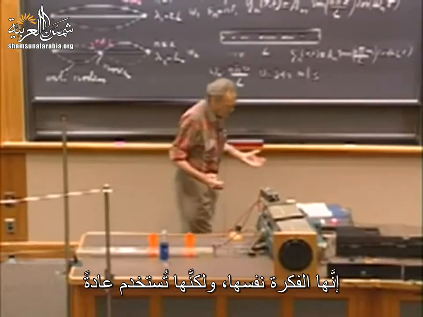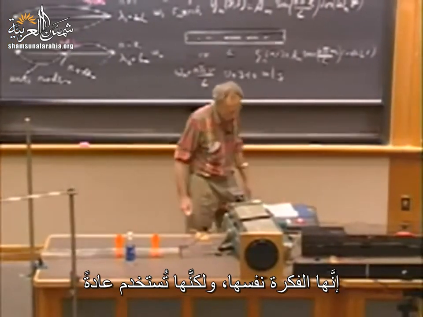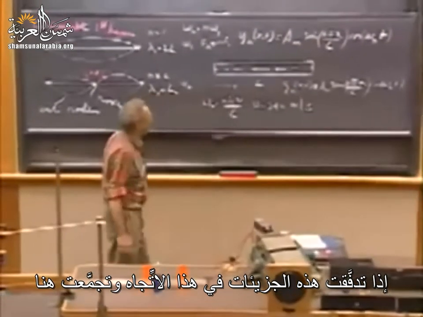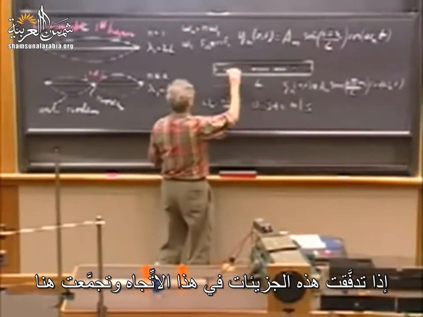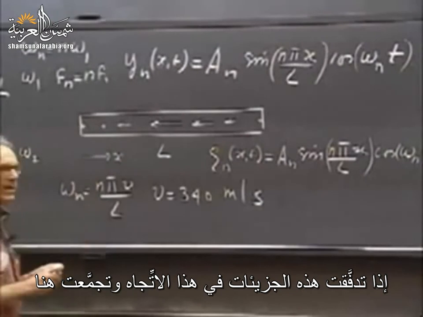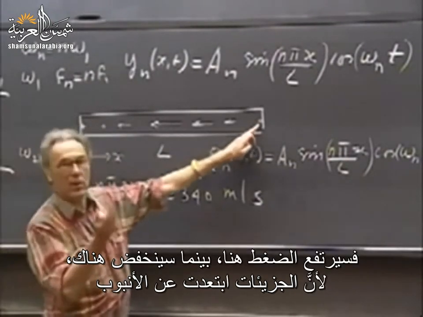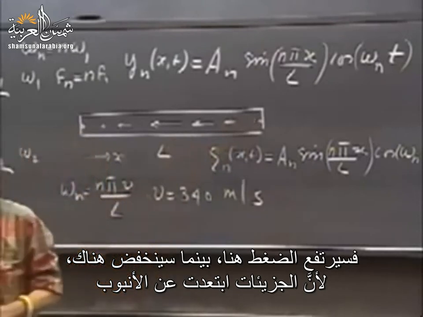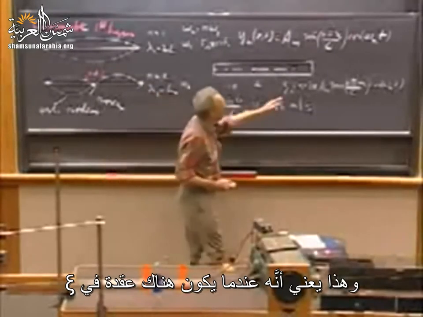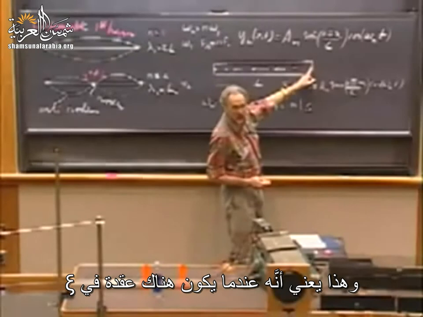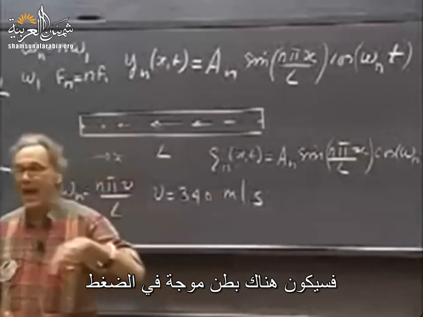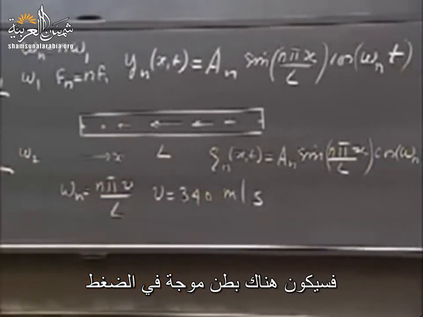It's the same idea, but it's very often done. Now keep in mind that if these particles flow in this direction and pile up here, the pressure here becomes high and the pressure here becomes low because the particles move away from it. So that means where you have a node in psi, you always have an antinode in pressure.